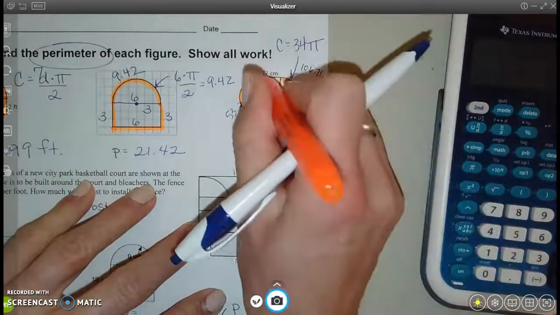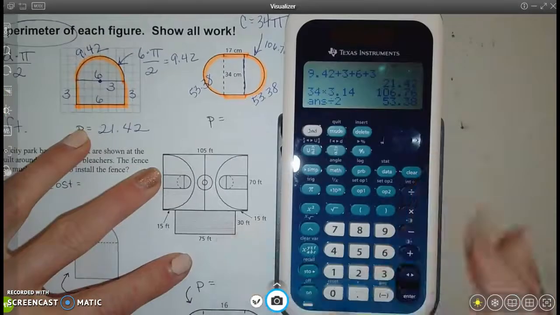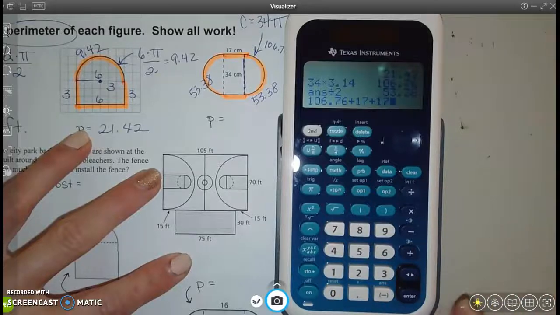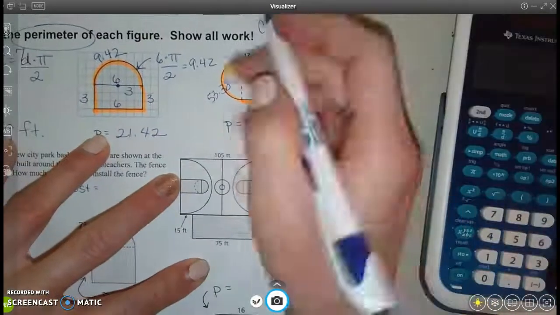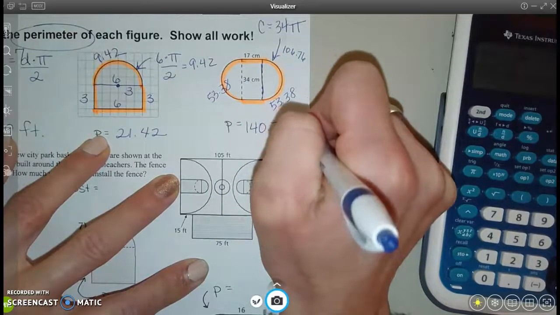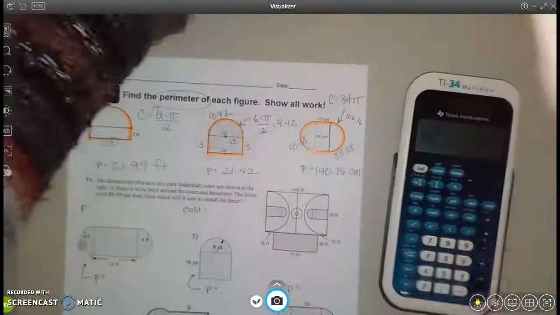So I have to add another 17 and 17 there. So 106.76 plus 17 plus 17. And I've highlighted it to make sure I didn't leave anything out. 140.76 and centimeters.